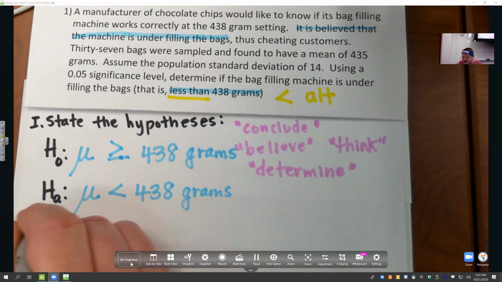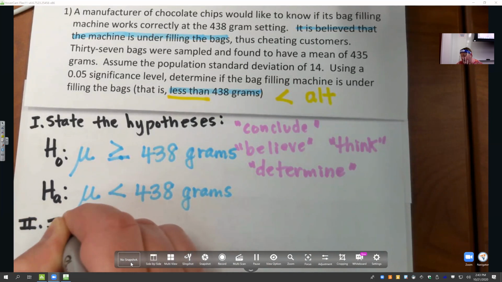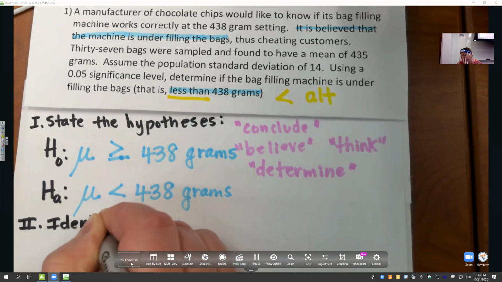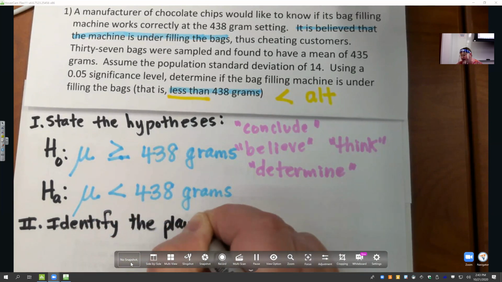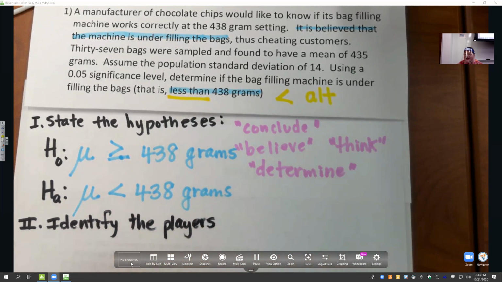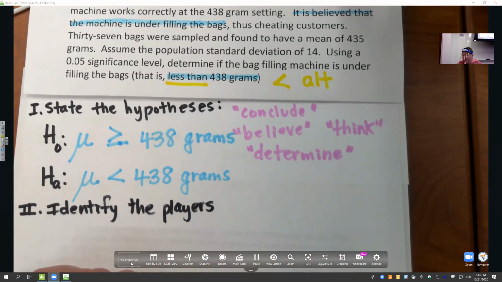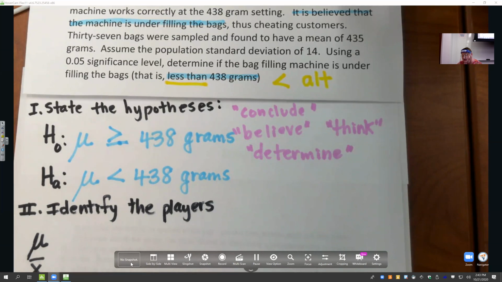Step 2, just to kind of shorten it, is to identify the players. Identify the information that you've been given in the problem. And I told you earlier, in both cases, you know the population mean, you know the sample mean, you know the sample size, and you know the significance level.